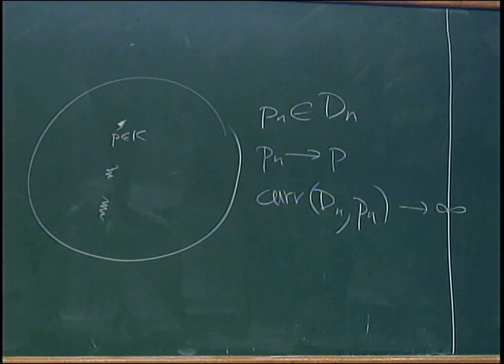Maybe some of the experts can correct me, but as far as I know, there was no restriction on the closed set known. For all we knew, it could be any closed set. So in particular, the closed set could be all of U. Maybe you could have a sequence of minimal embedded disks where the curvature blew up at every single point. Okay, we just knew nothing about it.